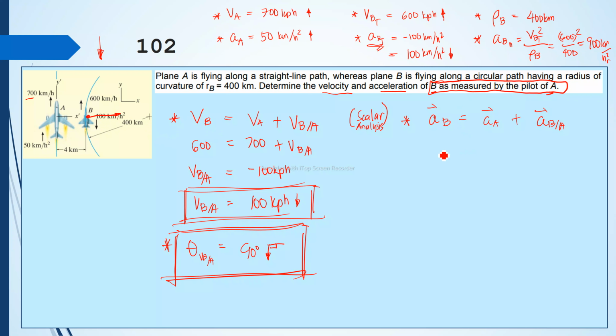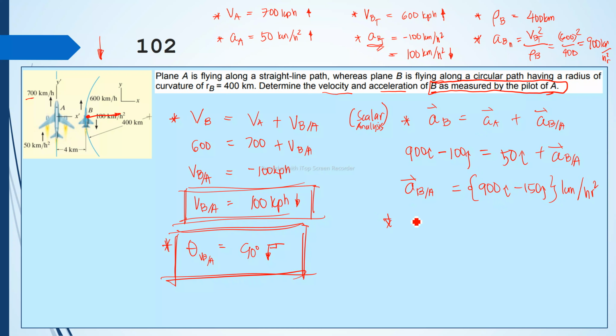So the acceleration of B, we have 900 i hat and negative 100 j hat, is equal to the acceleration of A, which is just forward, 50 i hat, plus the relative acceleration of B with respect to A. We simplify this by combining like terms, and we have 900 i hat minus 150 j hat kilometers per square hour.